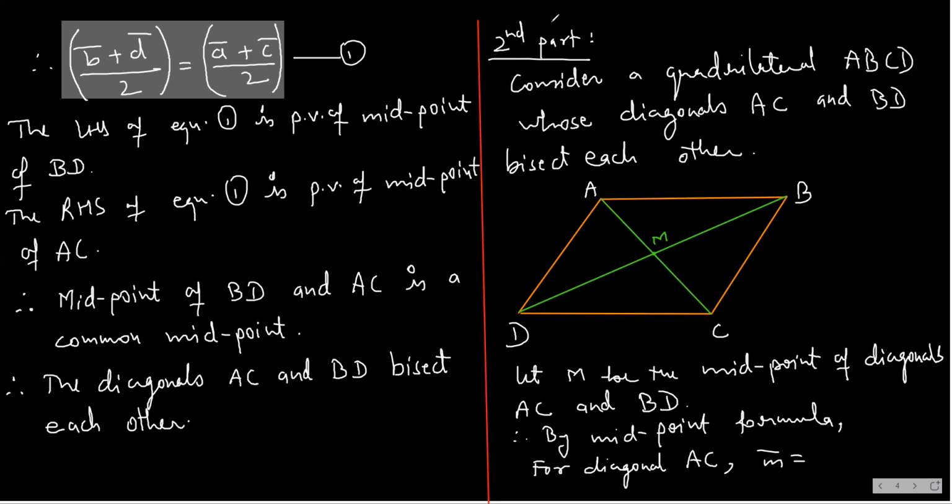You know what those are? They are the position vectors: A bar, position vector of point B as B bar, C as C bar, D as D bar, and M as M bar. So I will write M bar equals A bar plus C bar by 2.